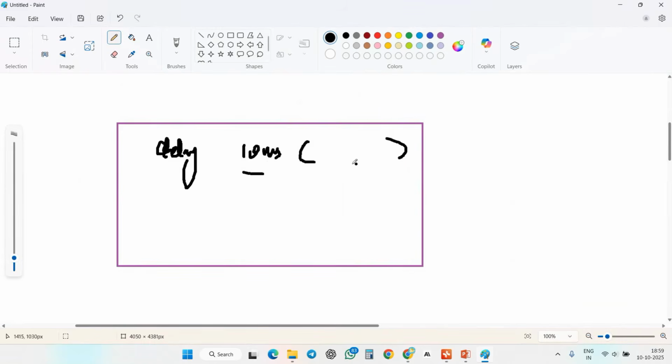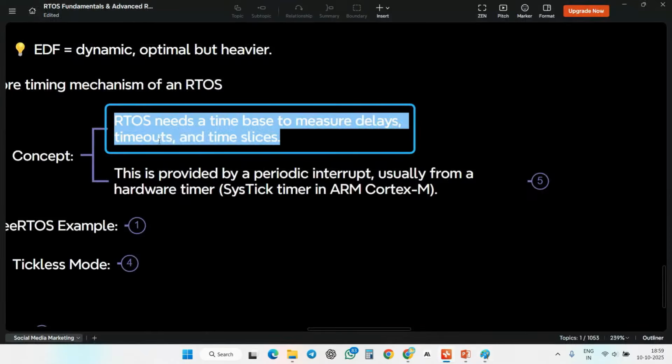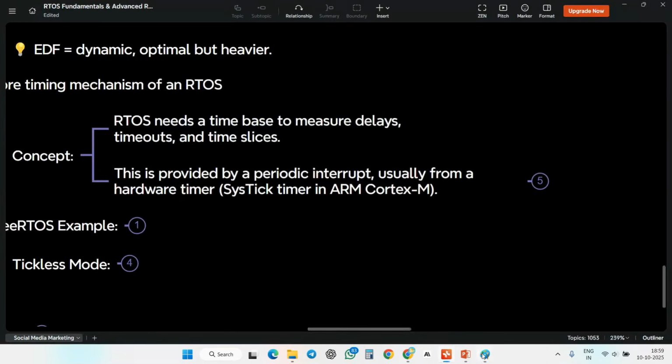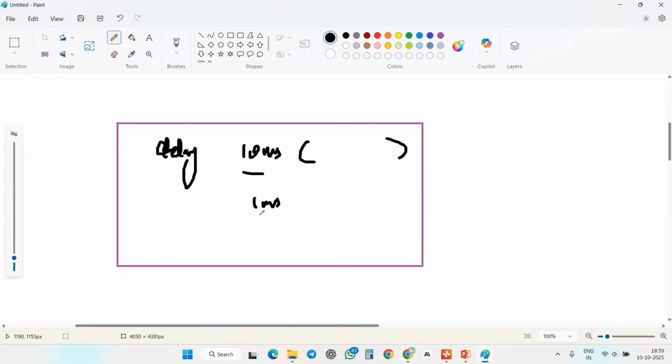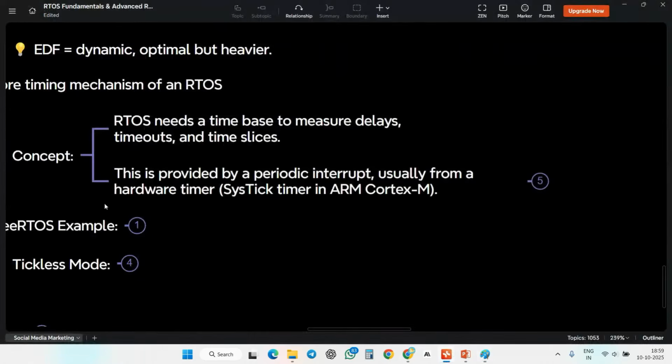I need the time for a delay, for example a 10 millisecond delay, and it needs to count that delay. If a timeout is going to happen, it needs to be counted too. Up to here, if you got it clear, guys, just post clear on the chat box.